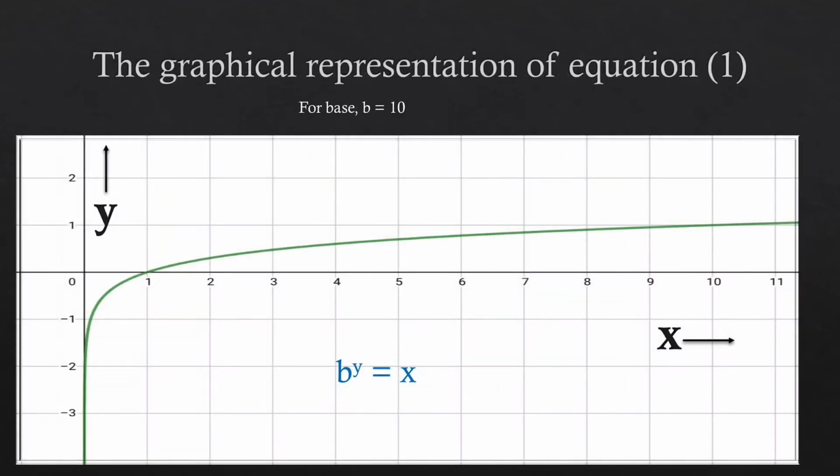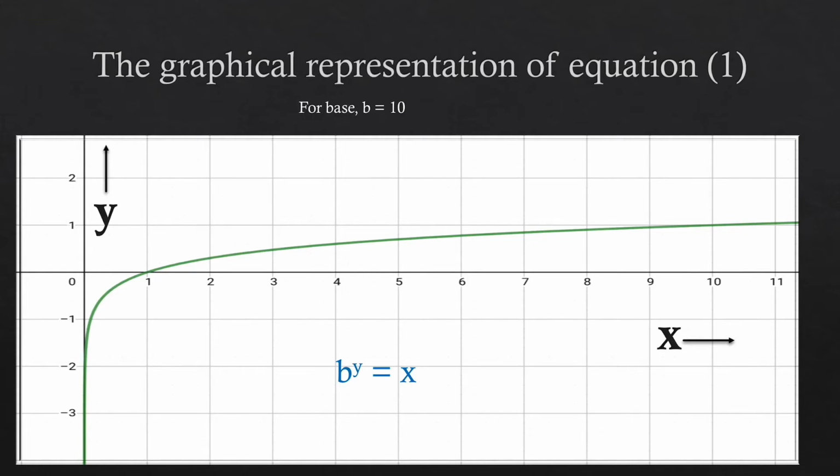The graphical representation of equation 1 for the base b equal to 10 is like this. The equation is b to the power y equal to x. The green line shows the behavior of equation 1. In the x-axis, the values of x are being coordinated, and in the y-axis the values of y are being coordinated.